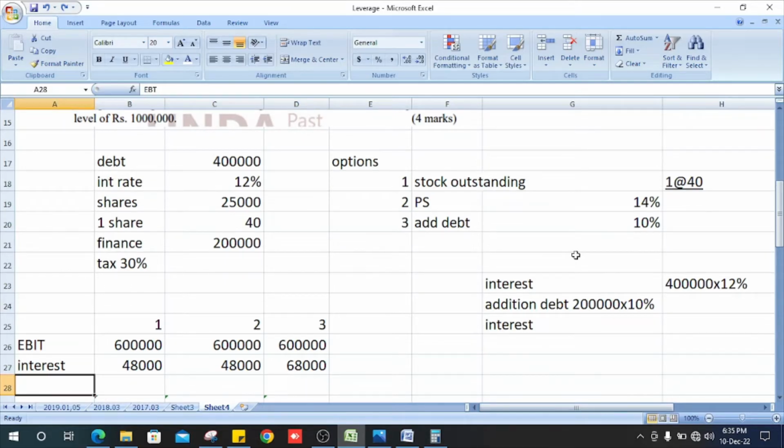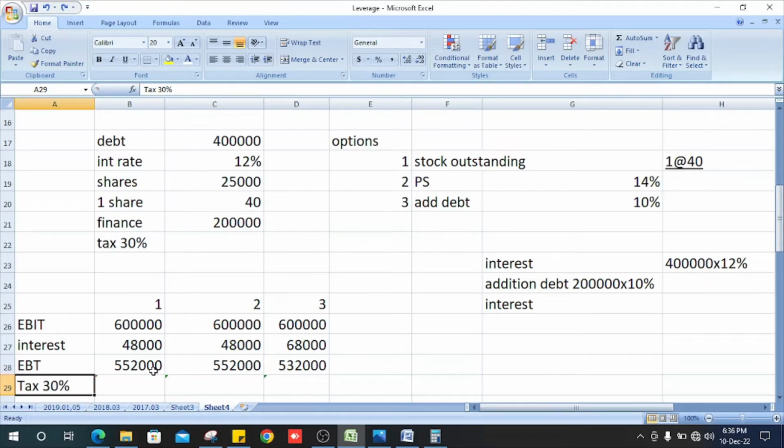Let's see the earnings before tax. The 600,000 minus 48,000 is 552,000, and 600,000 minus 68,000 is 532,000. Now we can get the tax. How do we get the tax?